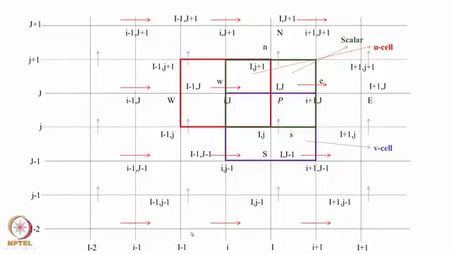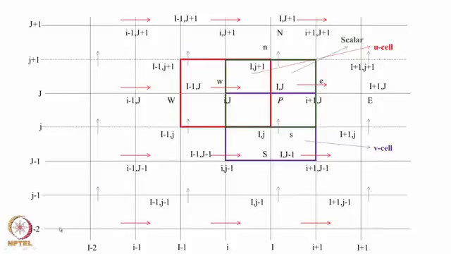All the intermediate lines are marked with small case letters i, i plus 1 and i minus 1. The u velocity sits between 2 vertical lines as shown here.